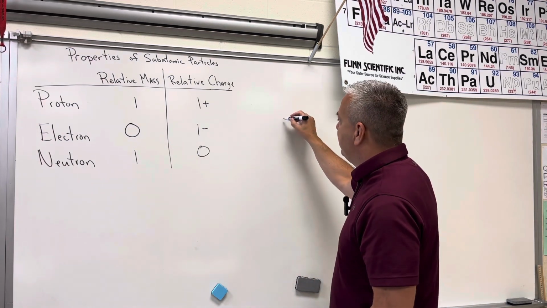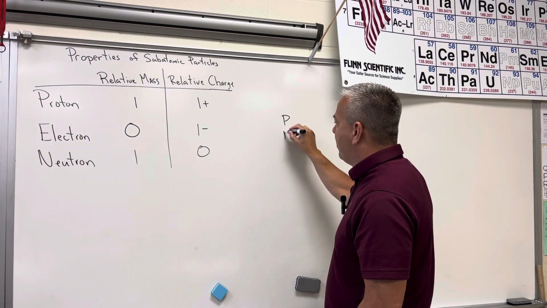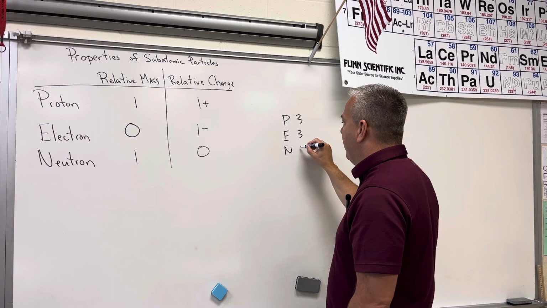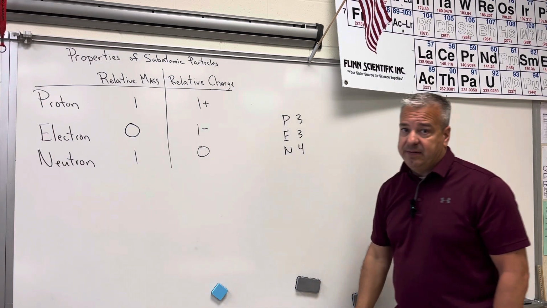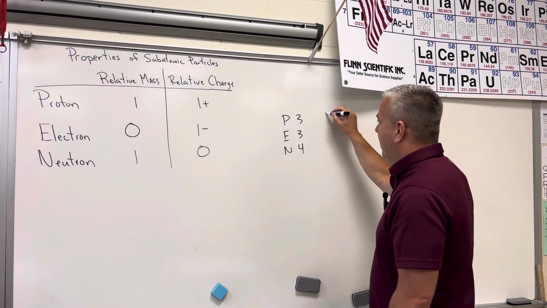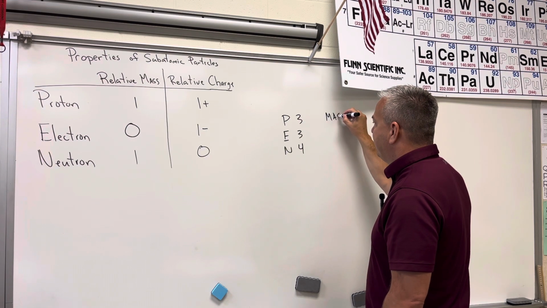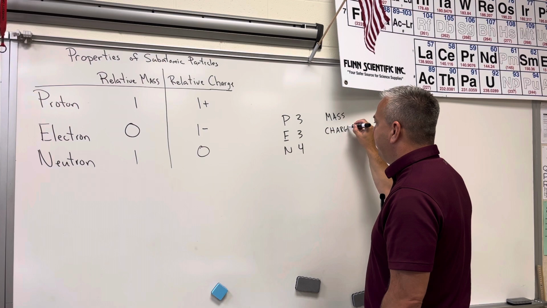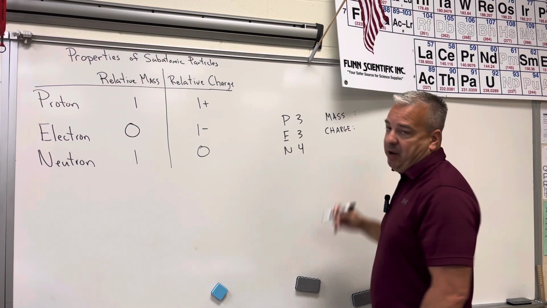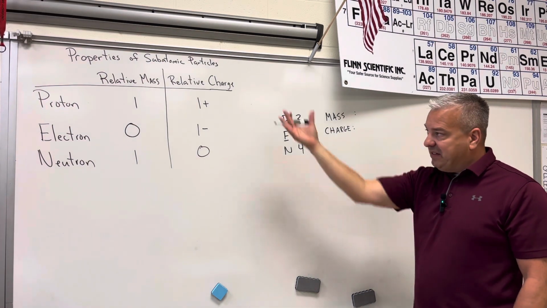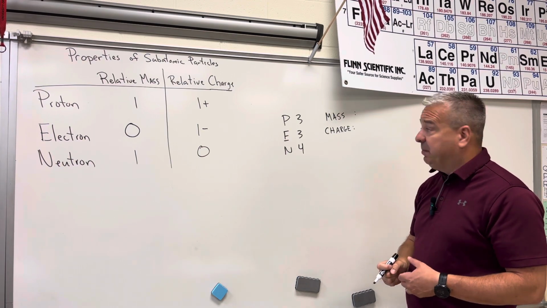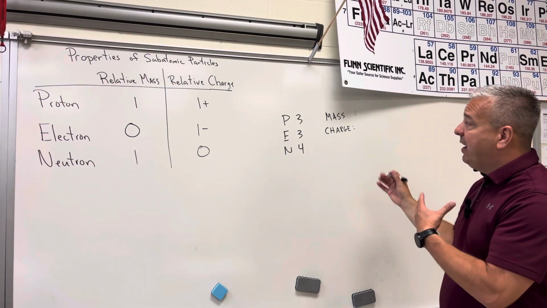Let's say I had a structure that had 3 protons, 3 electrons, and 4 neutrons, and I wanted to ask you, how much mass does this thing have, and how much charge does it have? If you want to pause the video and answer the question based on this chart, you can, and then come back and I'll be explaining what's going on here.